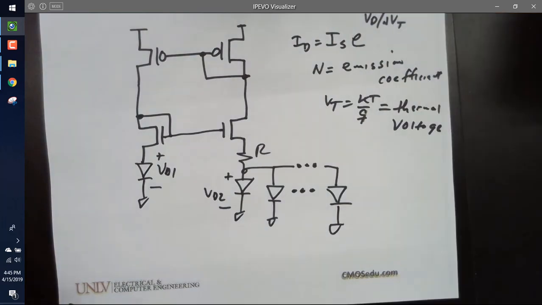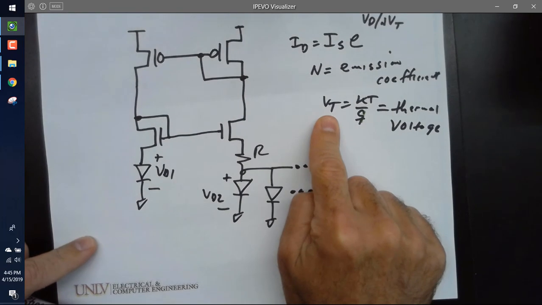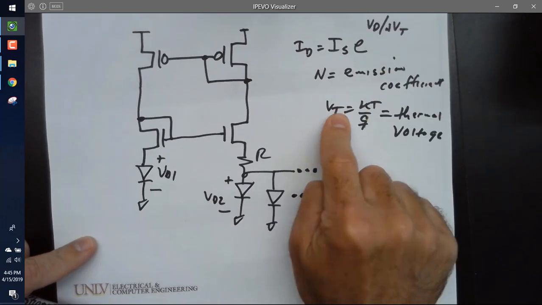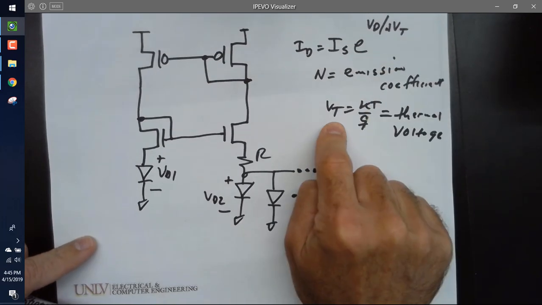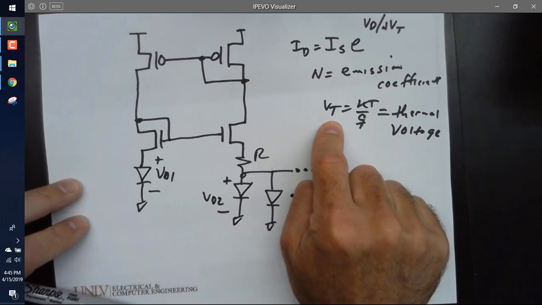All right. What's that? You haven't seen this thermal voltage? It's this, thermal voltage, V sub T. Wait, have you seen this before? If you haven't seen this before, I'm about to shed a few tears. At 320, yeah.